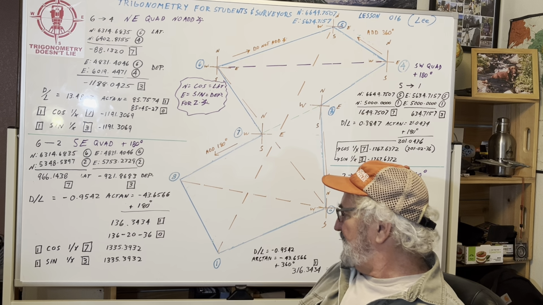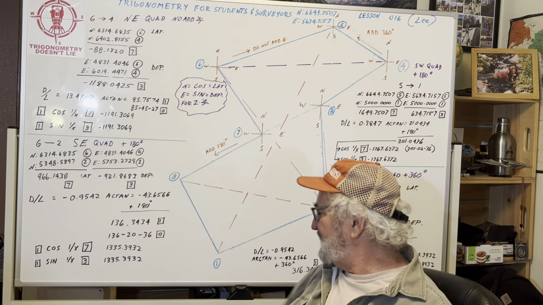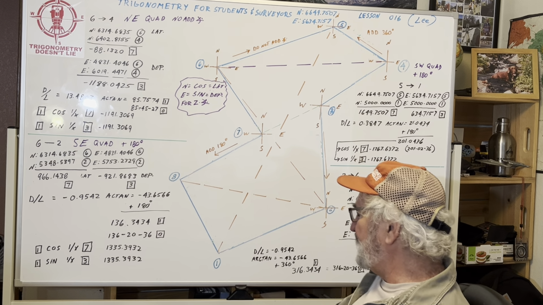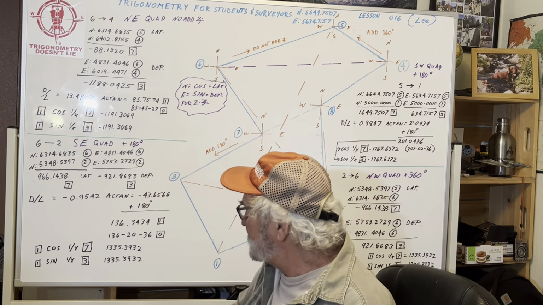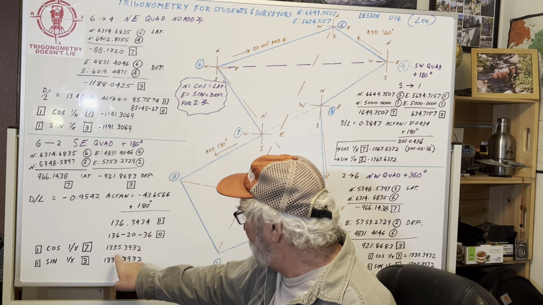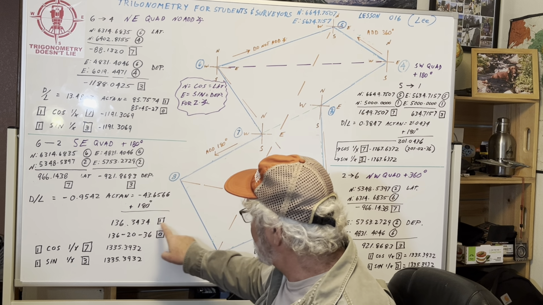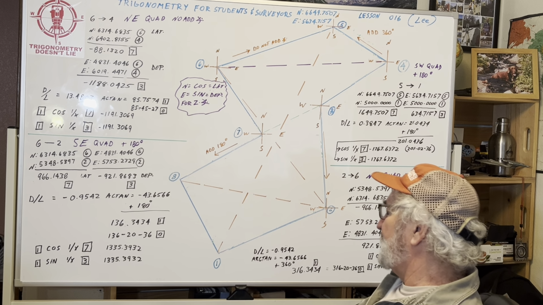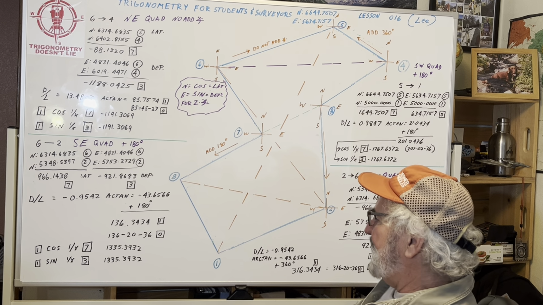Okay, now we store that. If you convert that to degrees, minutes, seconds, that's 136°20'36". We've stored that as 1, and we already have these two sums stored as 7 and 3. So we want to recall 1. That's our azimuth.